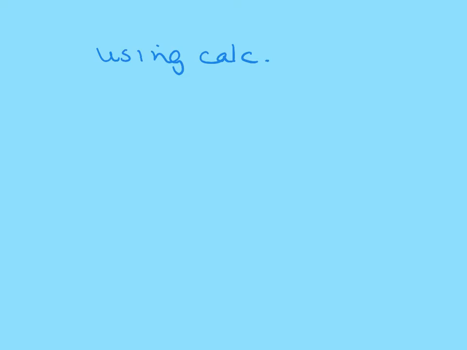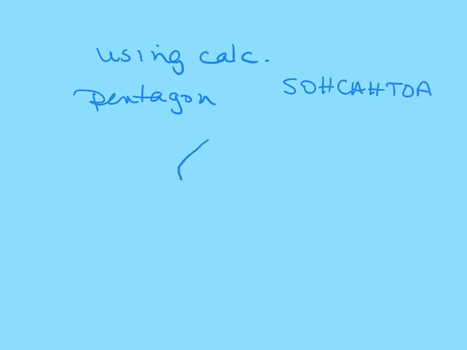So for example, when we did a pentagon, here we needed to use our calculator, and we also needed to use SOHCAHTOA. If I have a pentagon, I'd have to calculate the measurement of the central angle. So I would divide 360 by 5, and I would get 72 degrees.